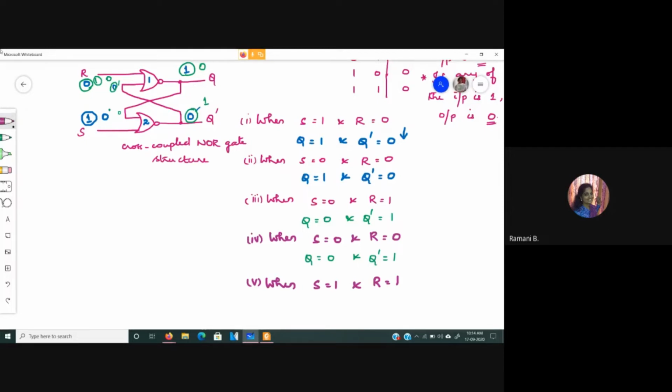So without analyzing, you can say that Q is equal to 0 and Q bar is also equal to 0, which is a contradictory condition. Because one is supposed to be the normal output and the other one is supposed to be the complement output. However, with this condition, I am getting both the values Q and Q bar to be the same. So we call this particular condition forbidden.